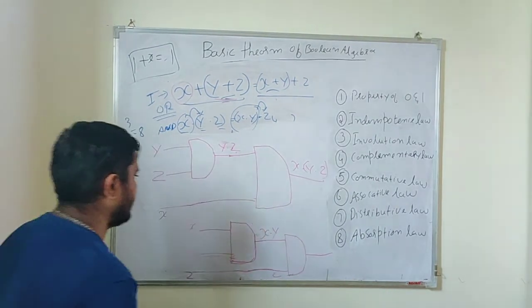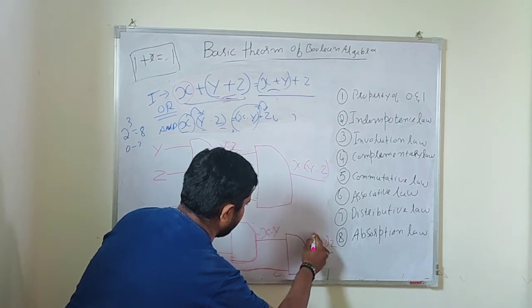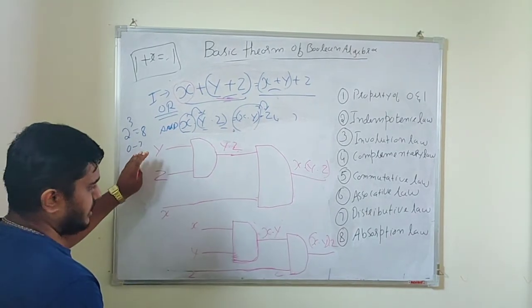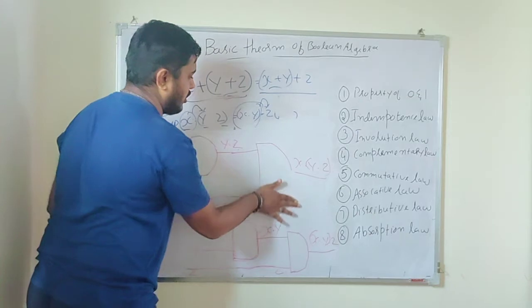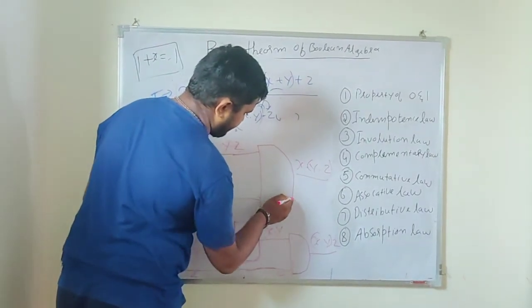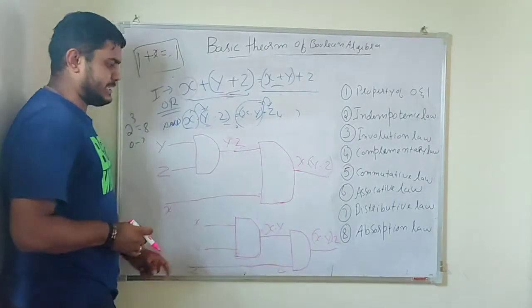Here you get x into y into z. So this is how we are going to write the AND gate representation for a Boolean algebra, or for the associative law. For the associative law, you are going to write the Boolean algebra.